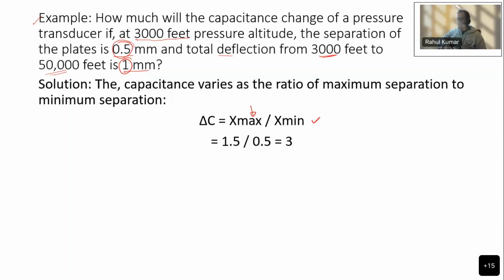So the maximum deflection will be 0.5 plus 1, that is altogether 1.5 millimeters. And the minimum deflection, since the aircraft was at 3000 feet, was 0.5 millimeter. So the change in capacitance will be 1.5 divided by 0.5, that is 3. This will be unitless. You won't have any unit.